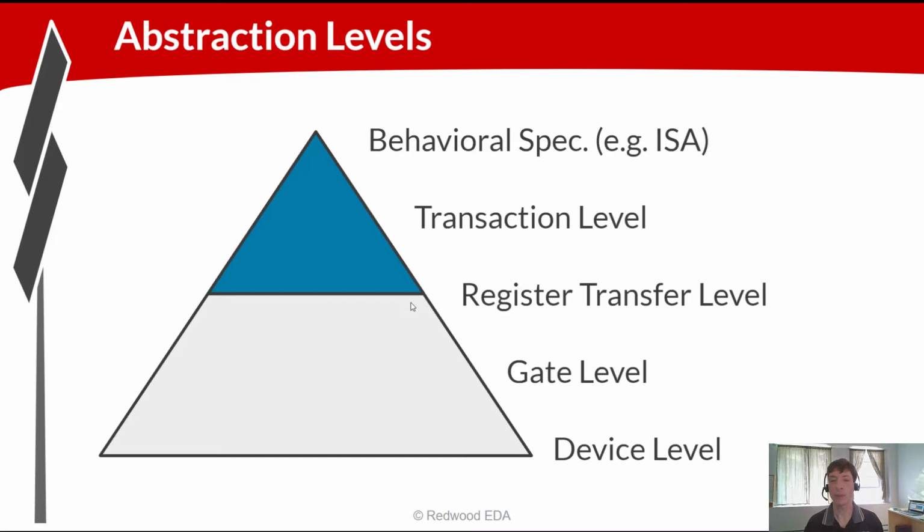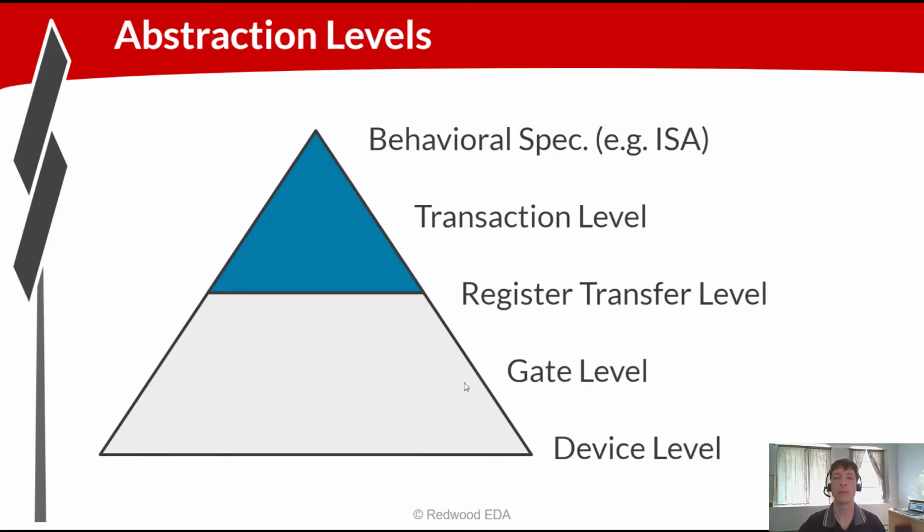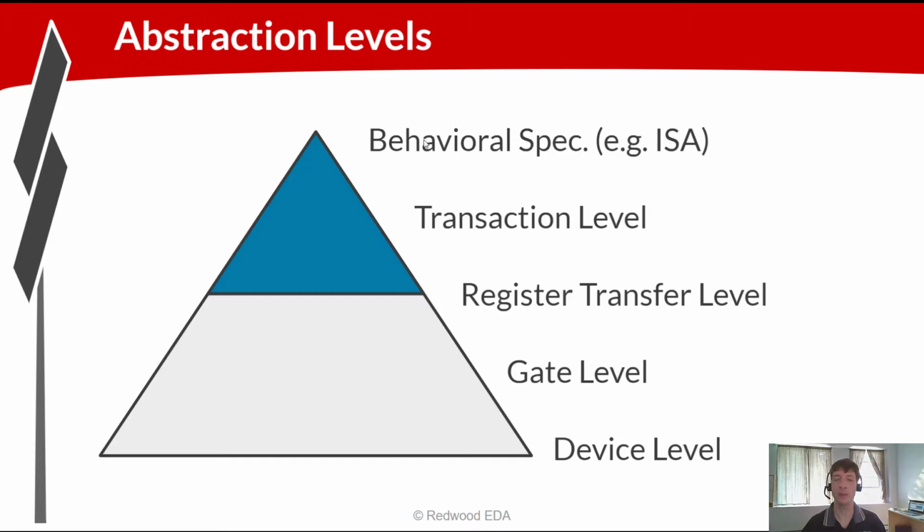Below the register transfer level, gate level and device level are generally constructed by automated tools from the register transfer level logic. So for the most part, the RTL is the lowest level that we deal with. We also create higher level models, say transaction level or behavioral specifications, that help in the early stages of the design process and help with verification.